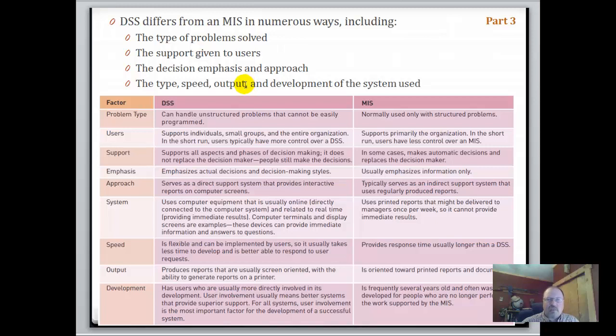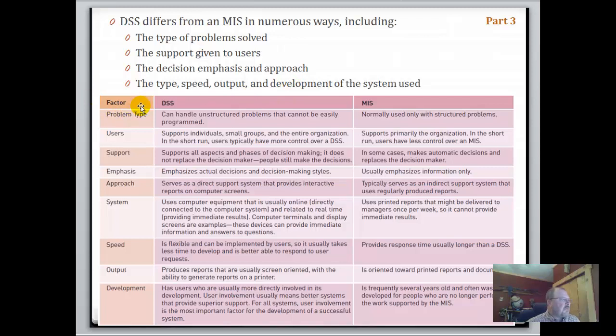Now, what's happening with the DSS is that you're pulling that TPS daily sort of information, and then you're using and building those daily, perhaps weekly, monthly, quarterly reports, and taking a look at what a number of those monthly or quarterly reports actually mean. So when we're talking about the type, speed, and output and development of the system used, part of what we're talking about is that it takes longer to actually build the data set involved with this.